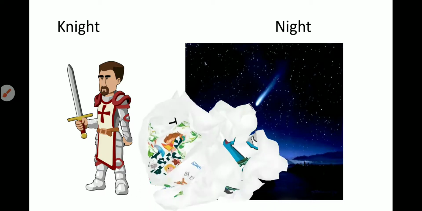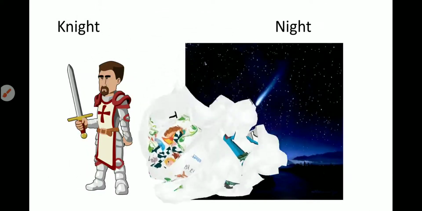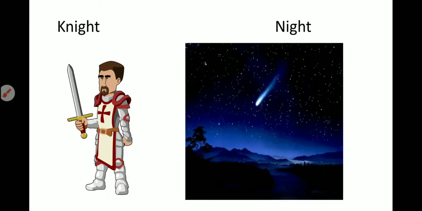Let's try out a sentence with this first knight. Okay? Let's try out a sentence with this knight. Remember I said the knight is someone who stands in defense. So I could actually have Grammar tell me a tale about knights at night. Okay?